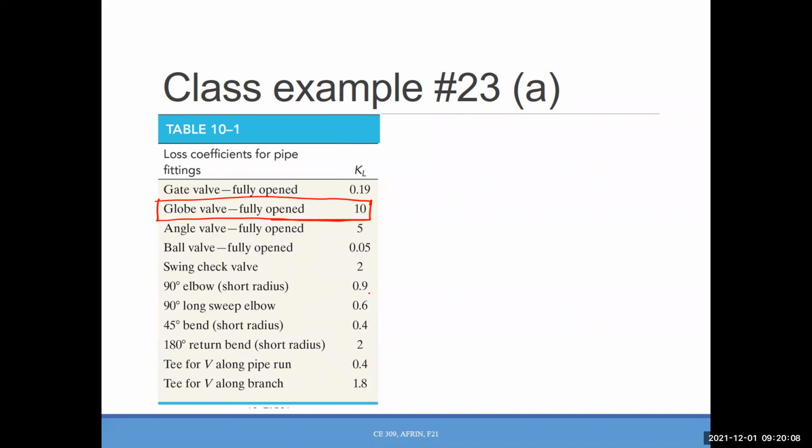Since they didn't mention anything, whether it's a long sweep elbow or something, usually long sweep means it's very wide. We can't see that here and they didn't mention anything. So we will take the conservative route and use the higher one, which is the 90-degree elbow short radius, which is 0.9. Okay, so that's what we will use here.